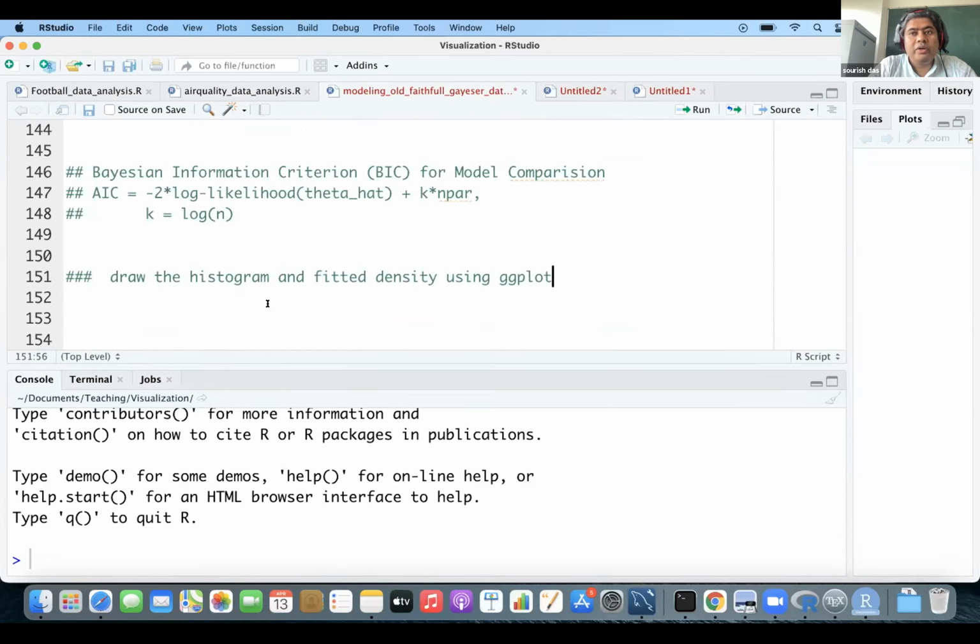Okay, try to figure this out. If not, then next week I will discuss how to do that. But I'm hoping if you do a little bit of search, you should be able to do that, using the ggplot2 package in R.